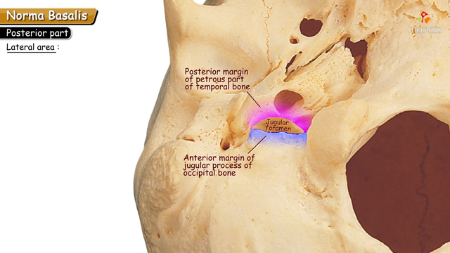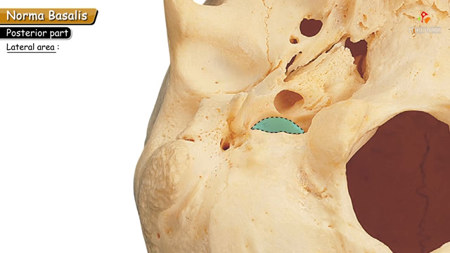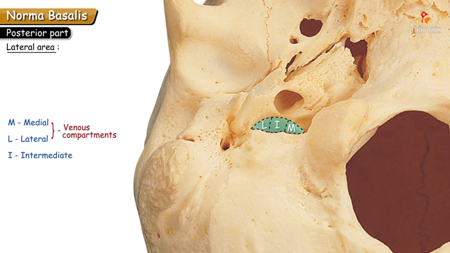It is called jugular because the internal jugular vein passes through this foramen. Now we will see the structures passing through it. To learn in an easy way, we will divide it into three parts: medial, intermediate and lateral. We will remember the medial and lateral parts as venous compartments, and the intermediate one as the nervous compartment.